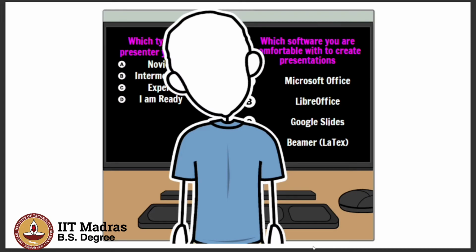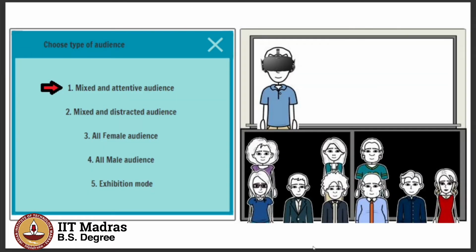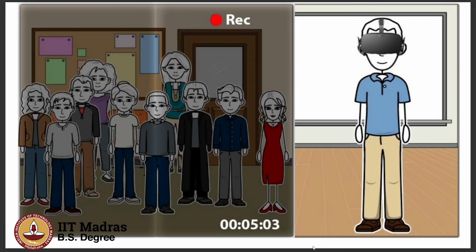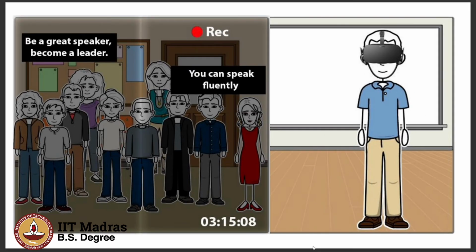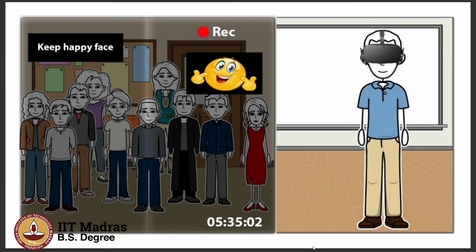And here we see that the user starts using SpeakUp. He can choose a type of audience and he can start recording his audio. We see that the system gives feedback, gives comments.